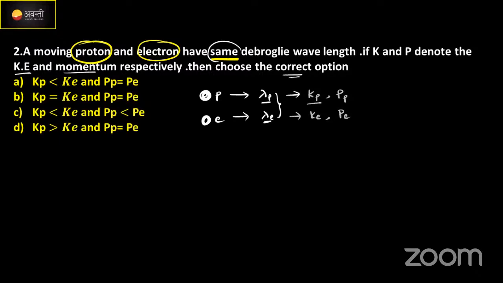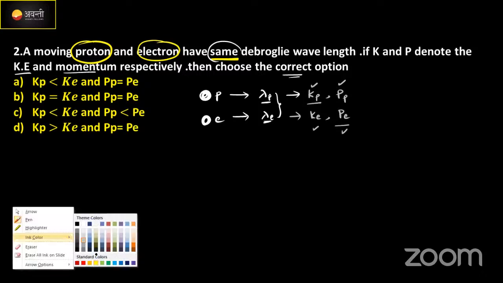We have to find the relation between them. Hope it is understood. Kinetic energy of the proton to the kinetic energy of the electron, what relation comes? And momentum of the proton to the momentum of the electron, what relation comes? Write the relations.